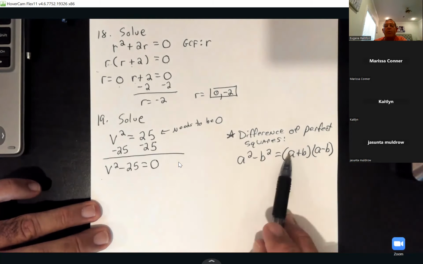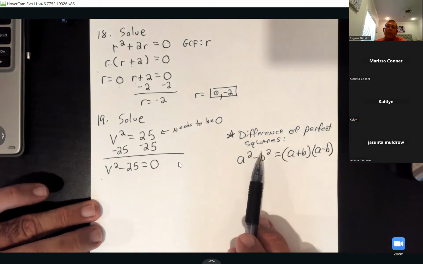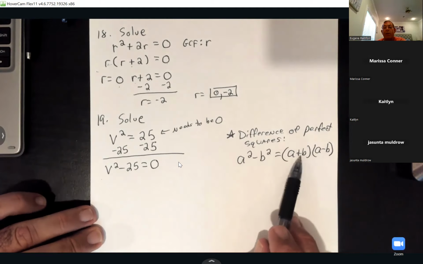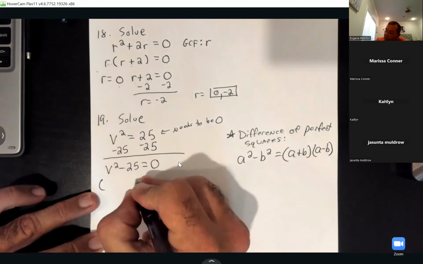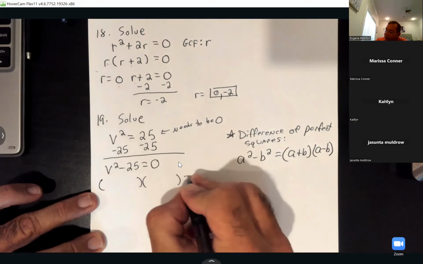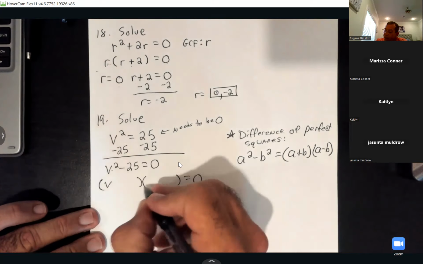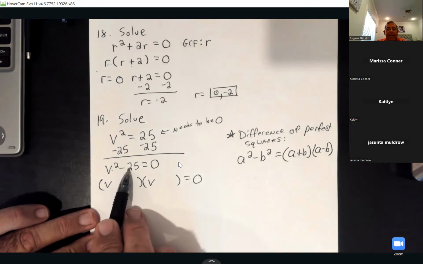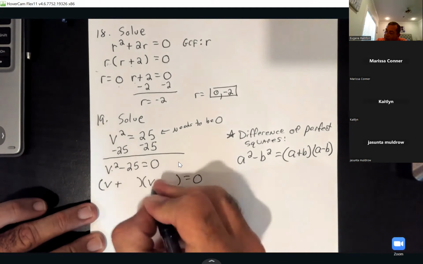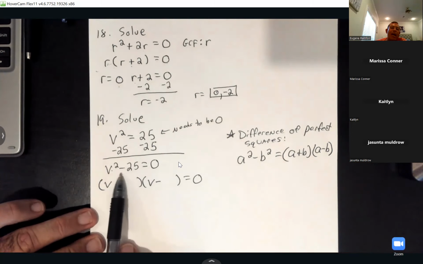So it undoes those conjugate pairs when you FOIL them to get the difference of perfect squares. If you factor the difference of perfect squares, you end up with conjugate pairs. So we know there's going to be 2 sets of parentheses. The v squared was a v and a v. The last sign's negative, so one's positive, one's negative. And basically, since there's not a v in the middle, you treat it like a 0.